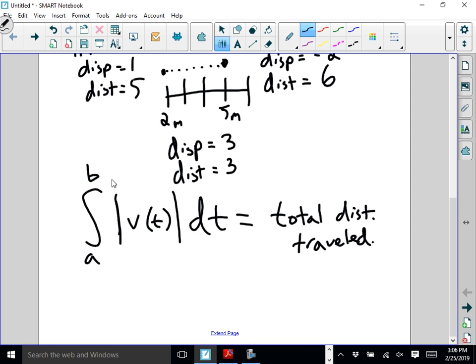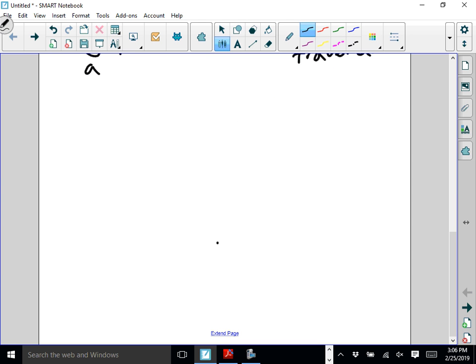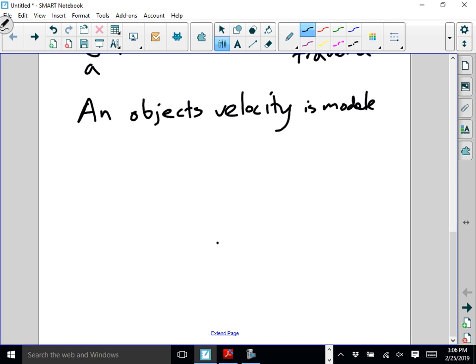Okay, so we have an object's velocity is modeled by v of t. Now, on tests, they'll give you some function for that. For right now, we're just going to leave it v of t. I don't care what the function is, okay?